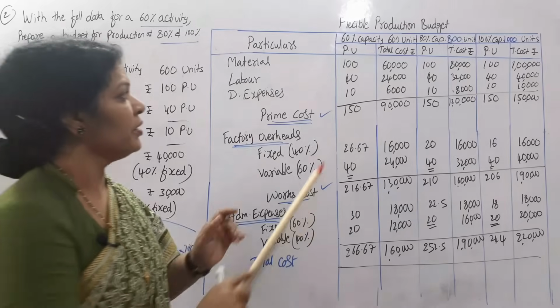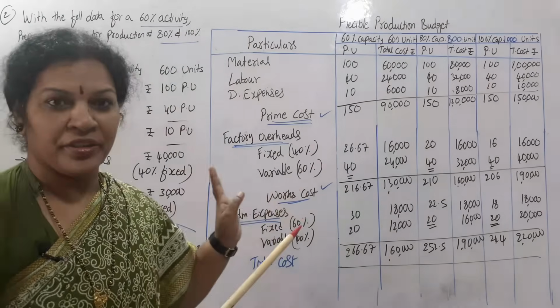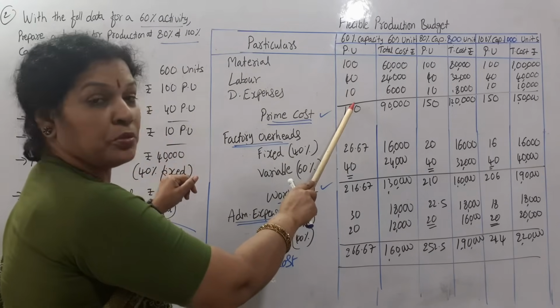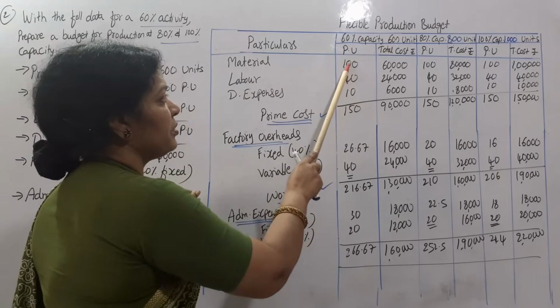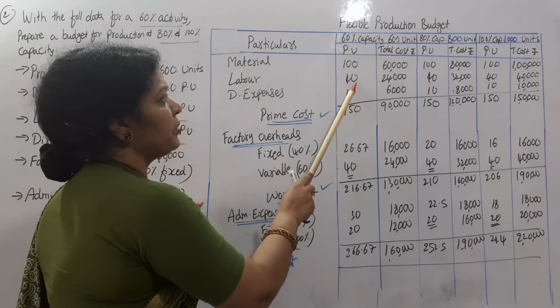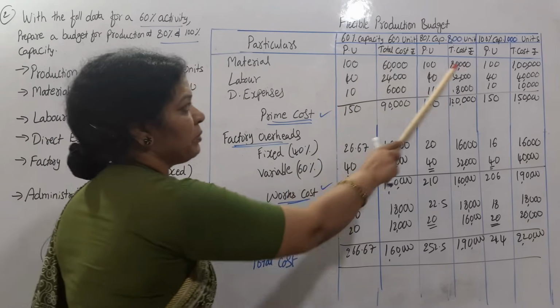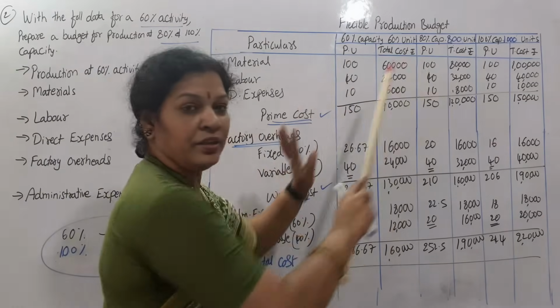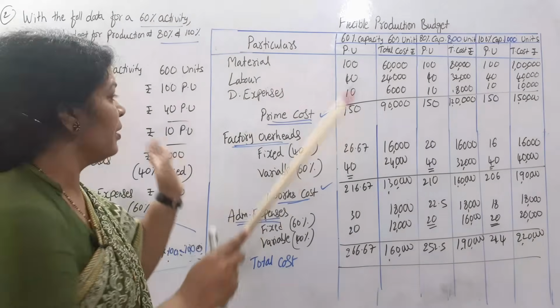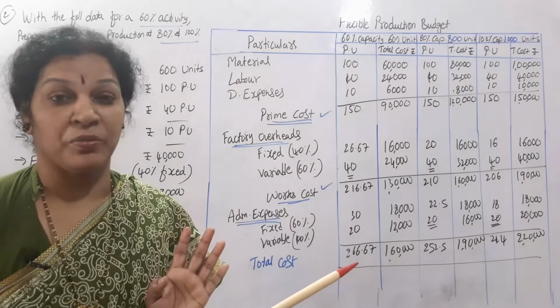Then after that, per unit cost is already given for material, labor and direct expense. For 600 units, 100 into 600, 60,000. 40 into 600, 24,000. Like this we have done the calculation for the entire labor, material and direct expenses. When it comes to factory expenses, please be careful.